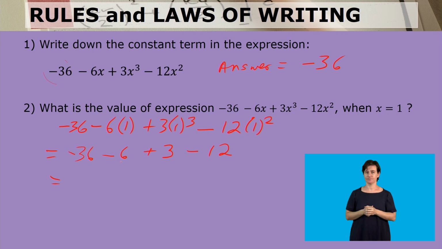So negative 36 minus 6 would be negative 42, plus 3 would be negative 39, minus 12, which would be negative 51. So that is that.